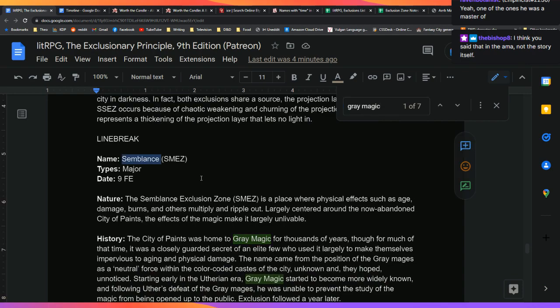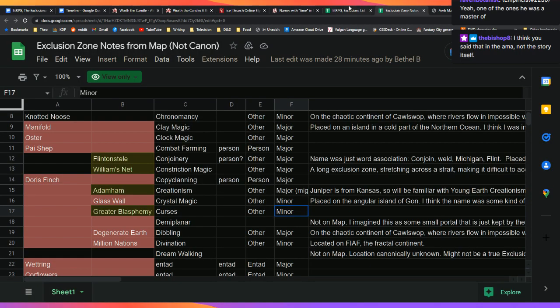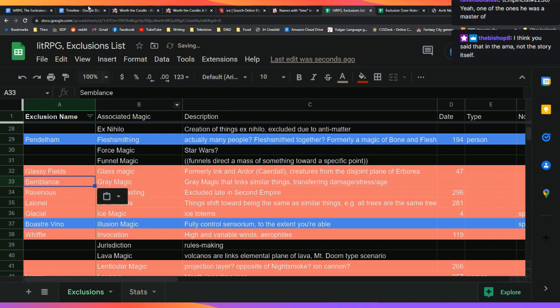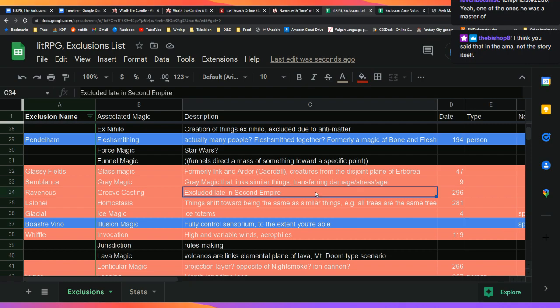Semblance. I remember that now. 9 FE. I'm not going to update all these descriptions because, like, groove castings excluded late Second Empire. This doesn't tell us anything.